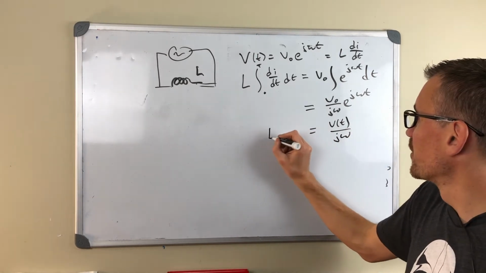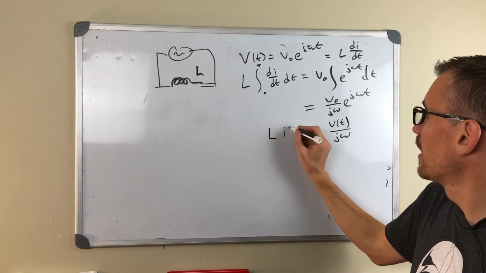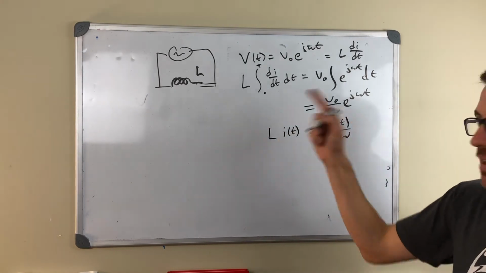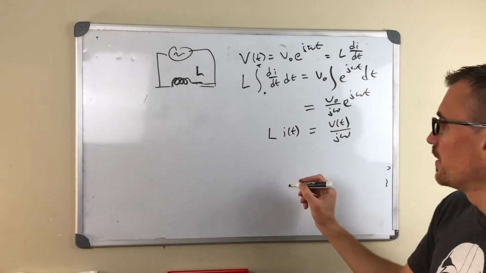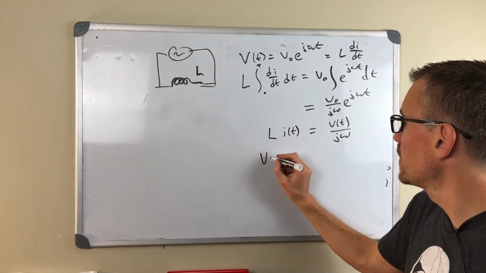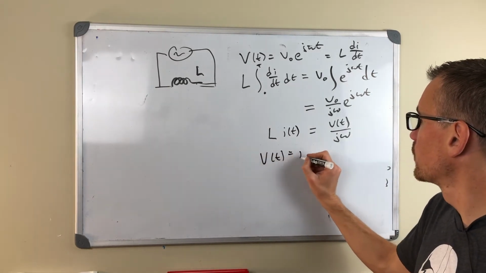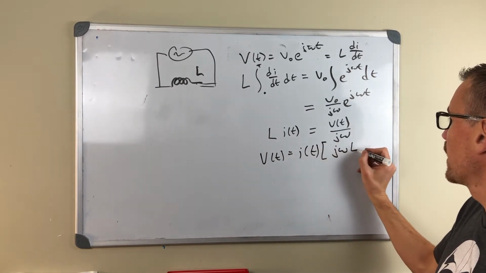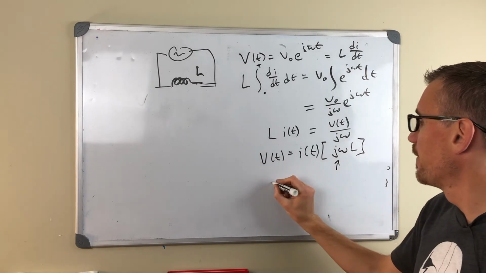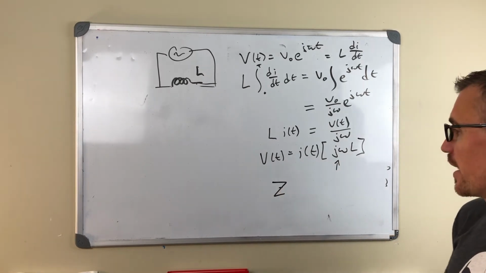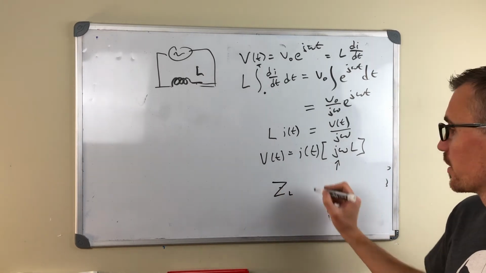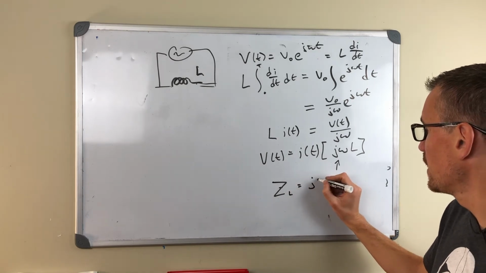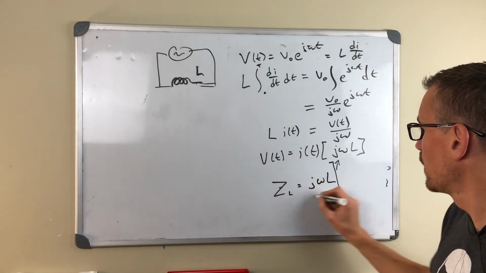And that's equal to, on the other side, L times I of t. Let's do the same old business as before. We'll get into a V equals IR form. So we have V of t is equal to I of t times j omega L. And that's our inductive reactance, or rather our inductive impedance is j omega L.